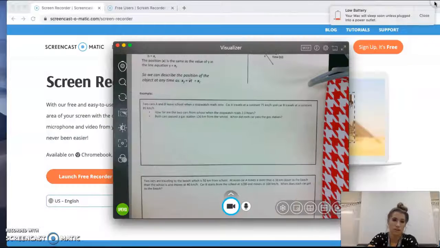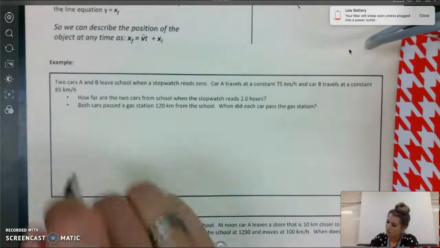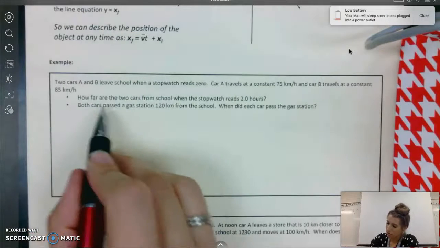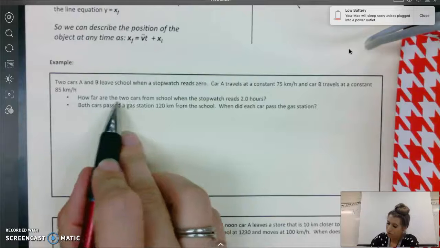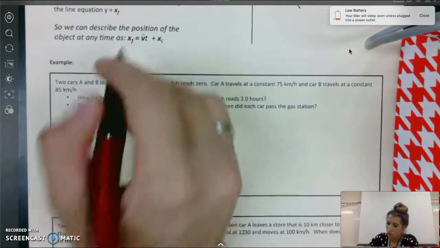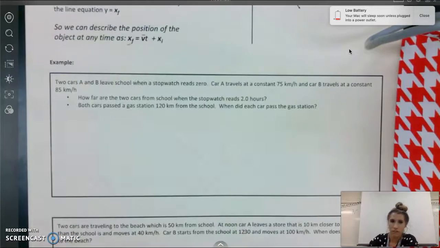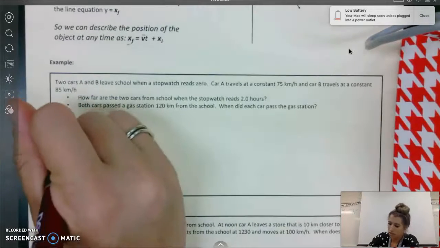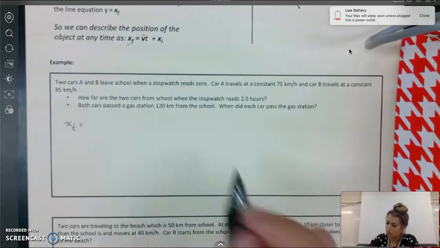So when I look at this, I want to know how far the two cars are away from the school, so that would be my x final. So x final is equal to velocity.